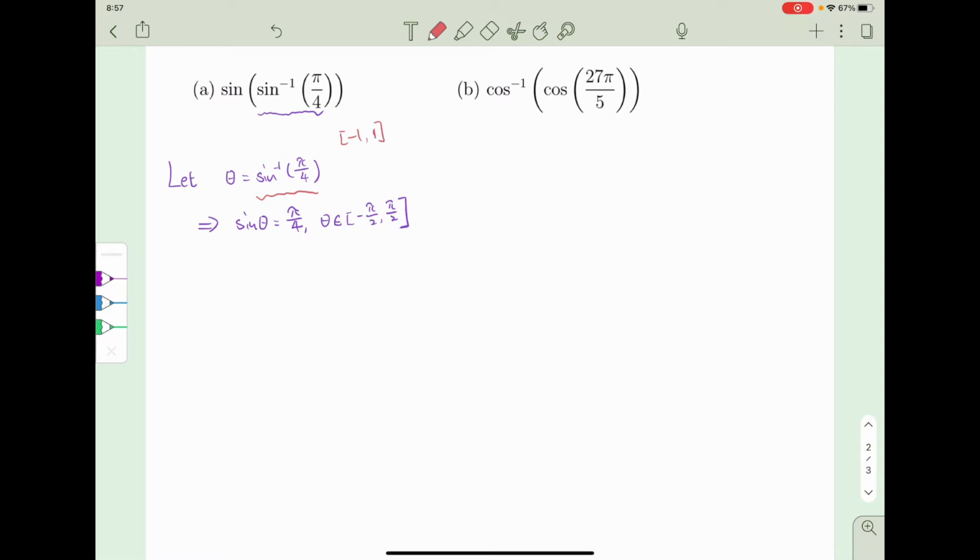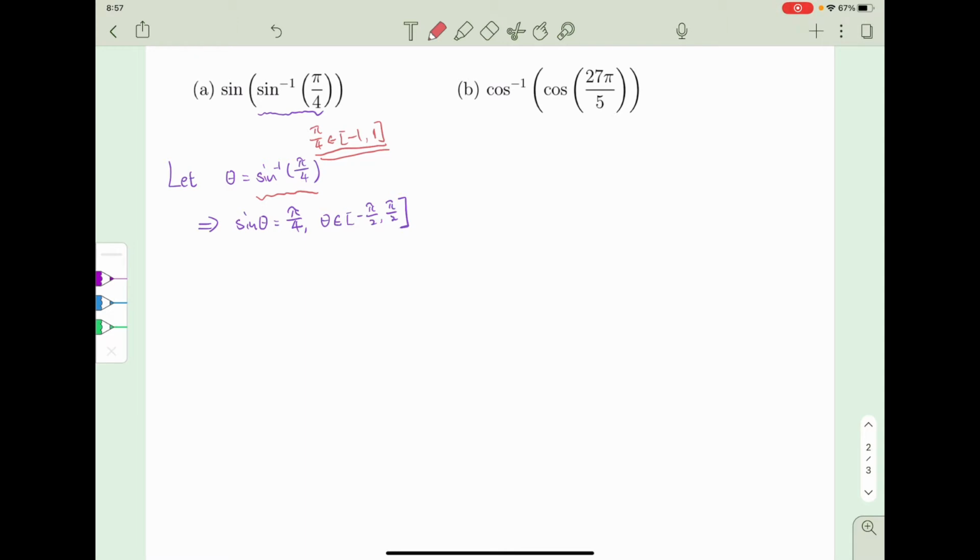And this pi over 4 is inside this interval. We know that pi is approximately 3.14 something. So pi divided by 4 is less than 1. And it's positive, so we need to give this justification, of course, but this is kind of obvious, and that is why this expression is defined.